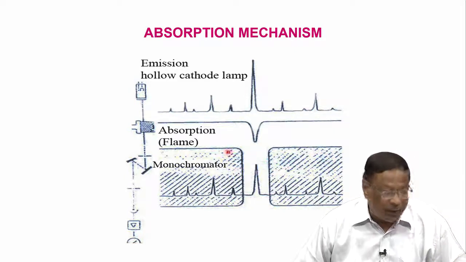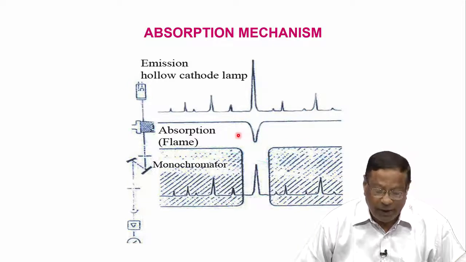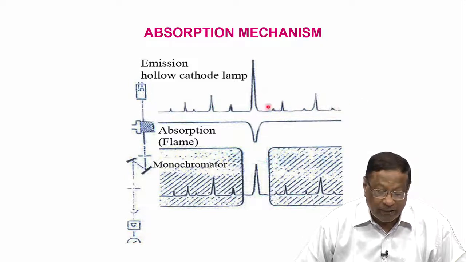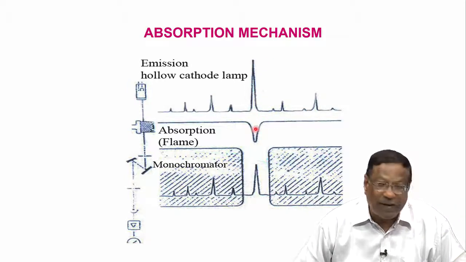This is the basic requirement of any atomic absorption measurement. So, you remove all other resonance lines, on the left side, that is the shorter wavelength, and on the longer wavelength, and then collect the radiation only corresponding to the resonance line.